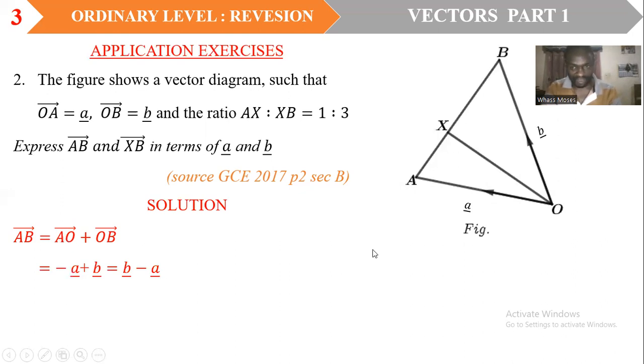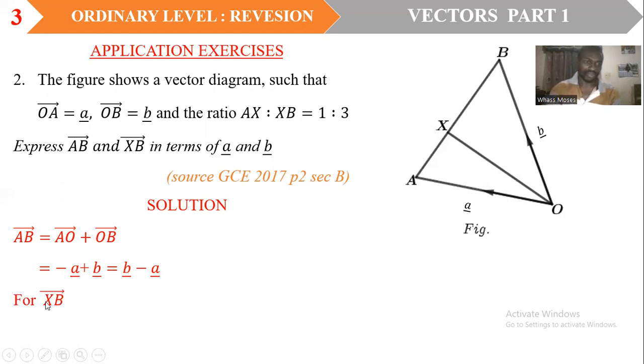AO is negative a, and OB is in the actual direction, which is b, so the b is maintained, positive. So negative a plus b is the same as b minus a. Therefore, the vector AB is b minus a.